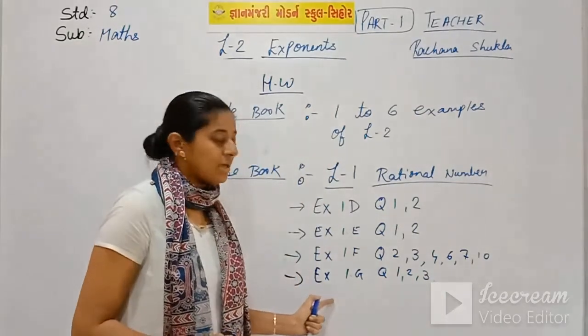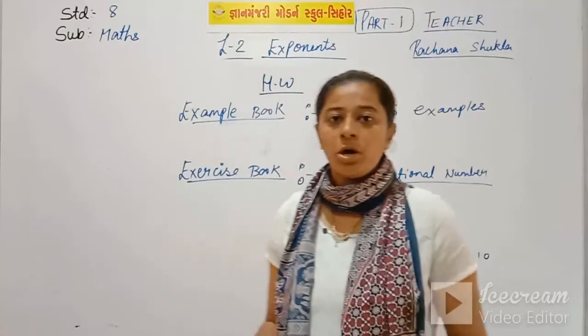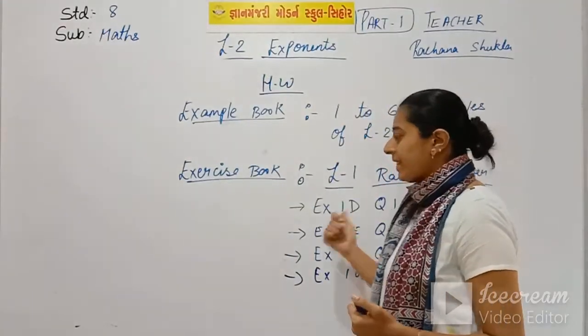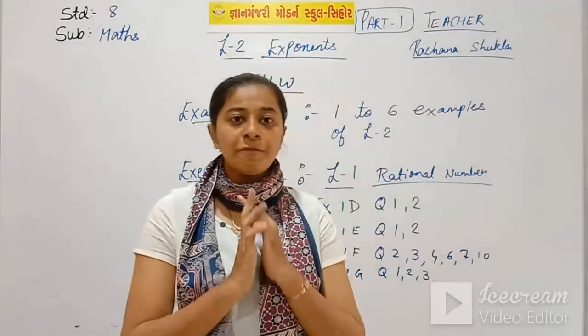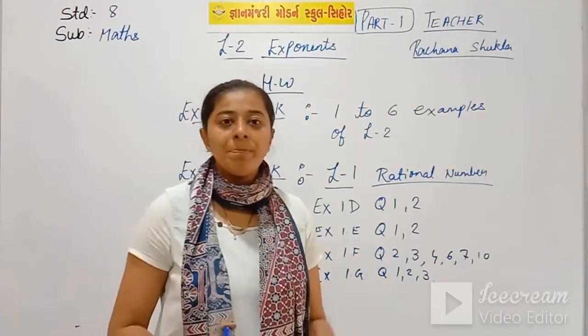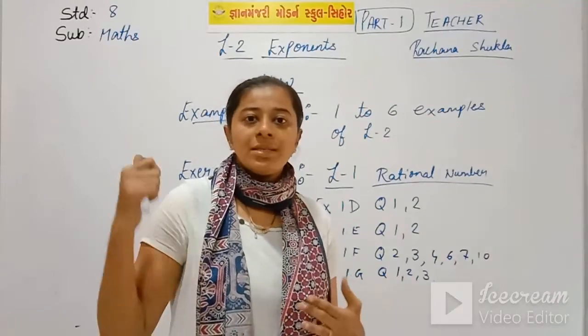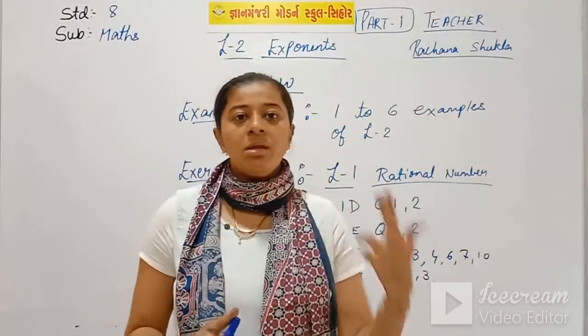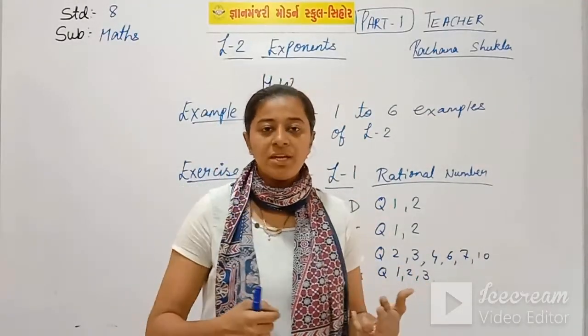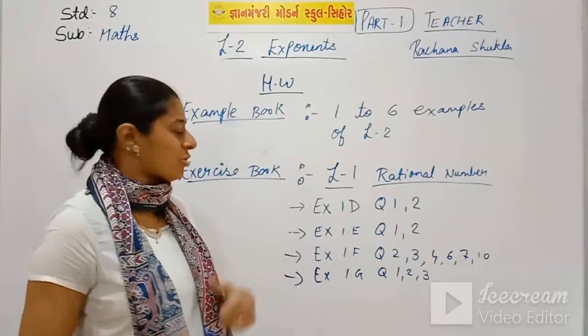So with these exercises you will complete your chapter number 1, rational number, in your fair book, and after completing that lesson you have to start lesson number 2, that means what I taught you today, 2 examples and the definition of exponential notation.